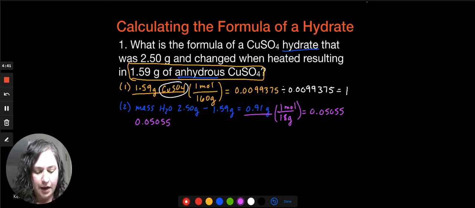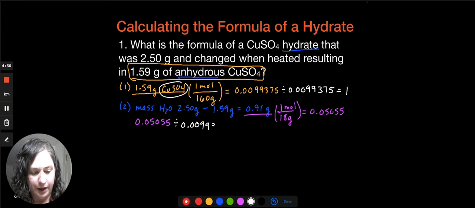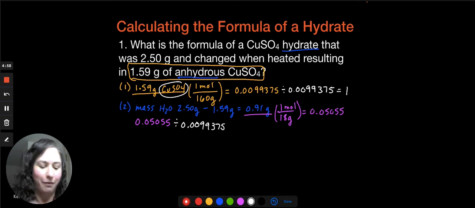Okay, and I'm going to go ahead and divide that by the 0.0099375. I usually just keep a lot of these numbers since they're really small and big numbers, or a lot of trailing place values, I just keep that in my calculator. And so when I do that, I get a number that is going to be 5. And so that's going to be 5 of the waters.